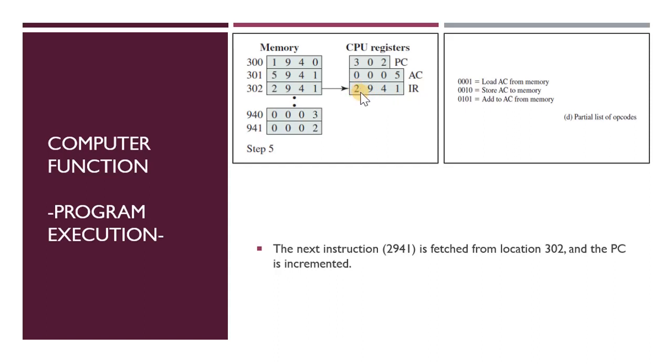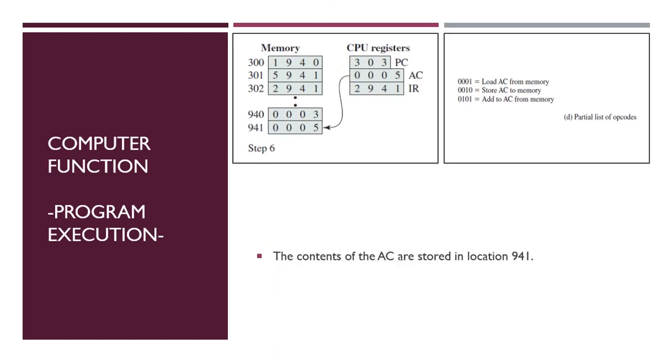This is the decimal number 2, and when converted into binary, it is 0010, and the instruction is to store the value inside the accumulator to the memory. So here it will find the address again, and see the instruction that needs to be carried out. This is the last step.